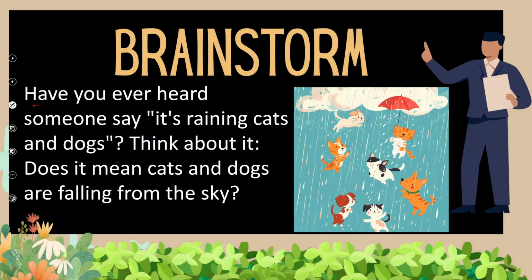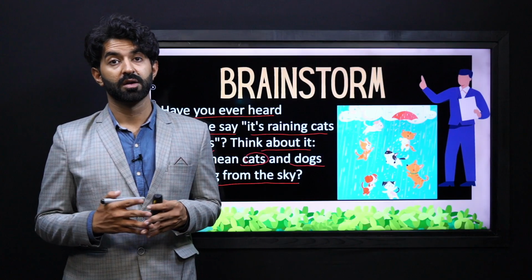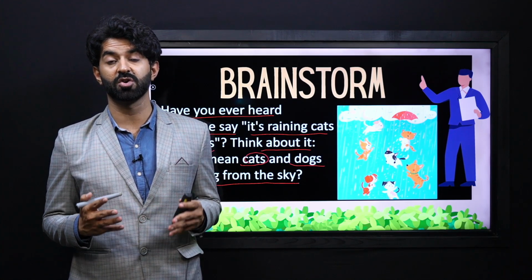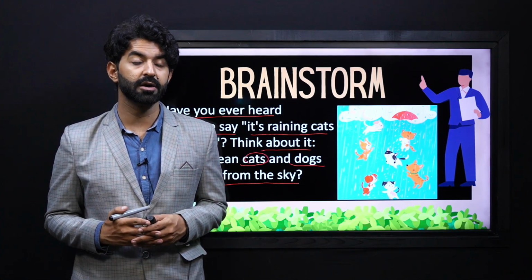So have you ever heard someone say, "It's raining cats and dogs"? Think about it. Does it mean cats and dogs are falling from the sky? When I say you should not go out because it's raining cats and dogs, what do I mean by it?